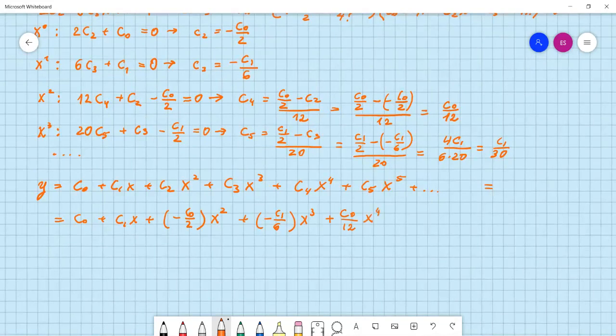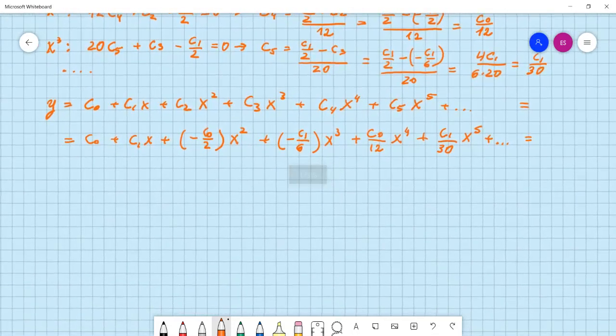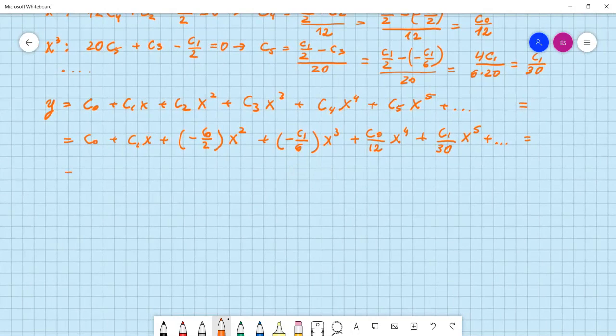And C5, I think that's the maximum we found, right? We found just the C5 coefficient, it is going to be C1 over 30 x to the power of 5. And of course, some other terms. What I'm going to do now, guys, I think I'm going to unify terms with C0 and terms with C1 in different parentheses.